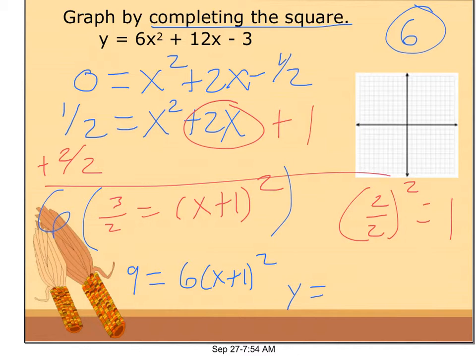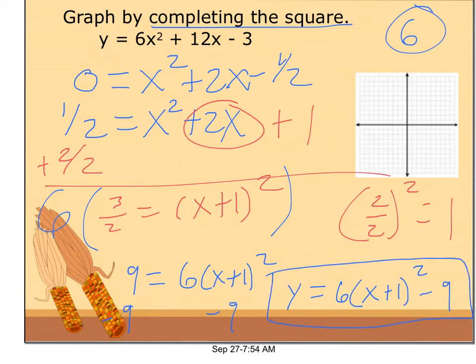Okay? And to finish off the whole process, if I subtract 9 from both sides, I get y equals 6 times x plus 1 squared minus 9. And I've switched that quadratic over to vertex form.